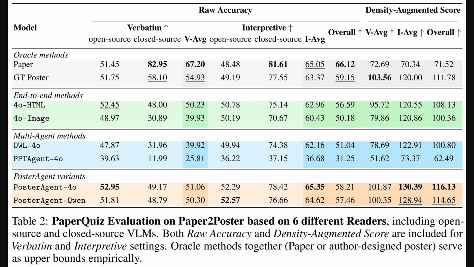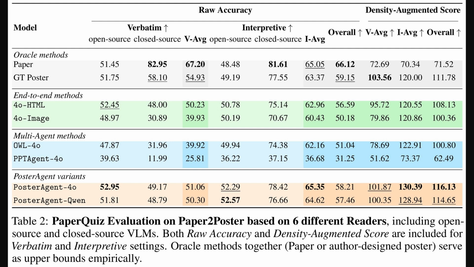So building on that visual from Figure 5, Table 2 here gives us a more granular look at those paper quiz results. It breaks down the performance of different models, like the original paper, the human-made ground truth poster, and the Poster Agent variants we've been discussing. The evaluation uses both raw accuracy, which measures how often the vision language model readers find correct answers, and those density augmented scores we saw earlier.